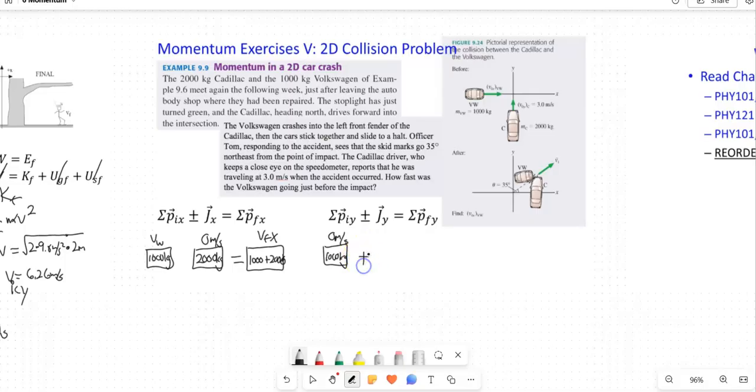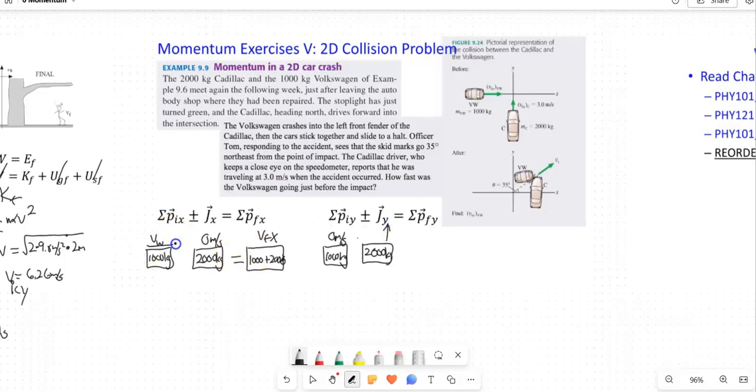However, the Cadillac, which is 2,000 kilograms, is traveling upwards.